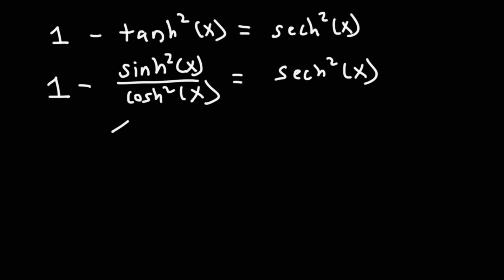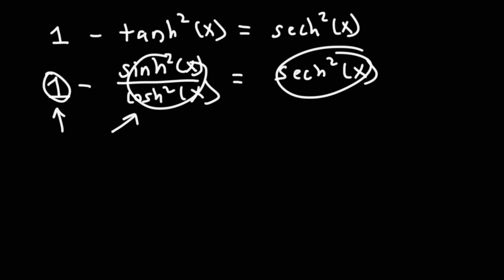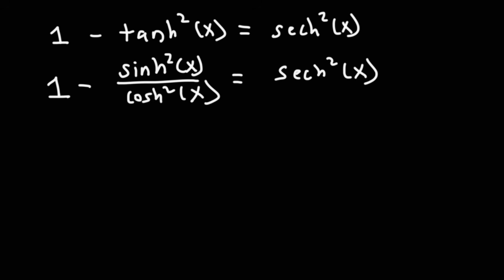Now I want cosine squared on the bottom. And we have two terms. We need to make it a single term. So let's multiply 1 by cosine squared over cosine squared. This will give us common denominators.